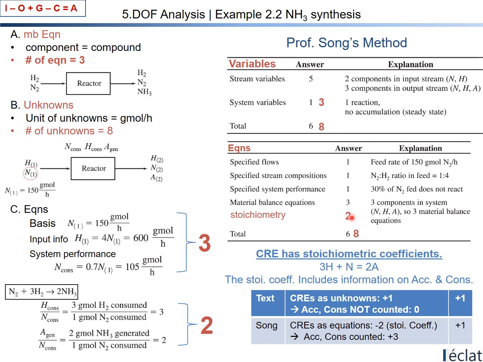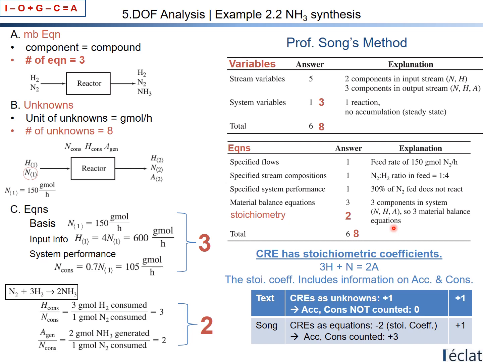So the total number of equations is 8 in my case. So anyway, the degree of freedom is the same between the textbook method and my method, because 6 minus 6 is going to 0 or 8 minus 8 is going to 0. So actually the same, but the points of view are a little bit different.